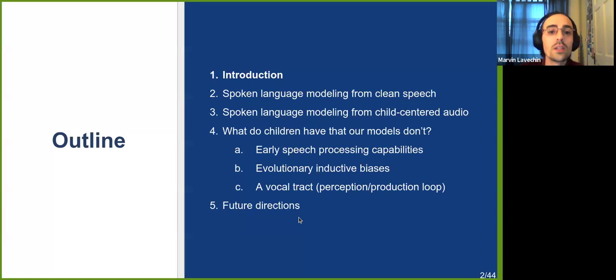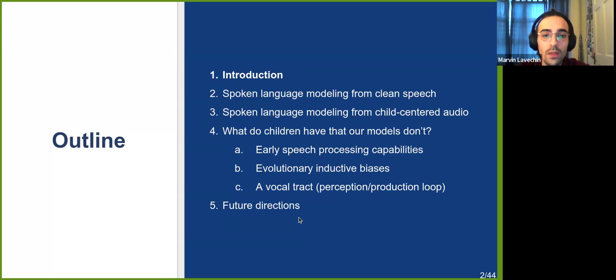All right, so I'm going to give a brief overview of what we will cover in today's talk. I will start with a brief introduction, laying out the research questions I've explored in the past. Then I will present my work on spoken language modeling from clean speech. For context, spoken language models are ChatGPT-like algorithms that are trained on speech instead of text.